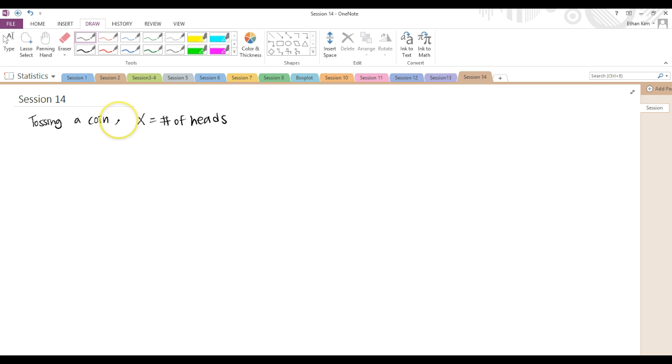And the probability of getting a head, since it's a fair coin, is 0.5. All right, so this experiment or this trial is called the Bernoulli trial.